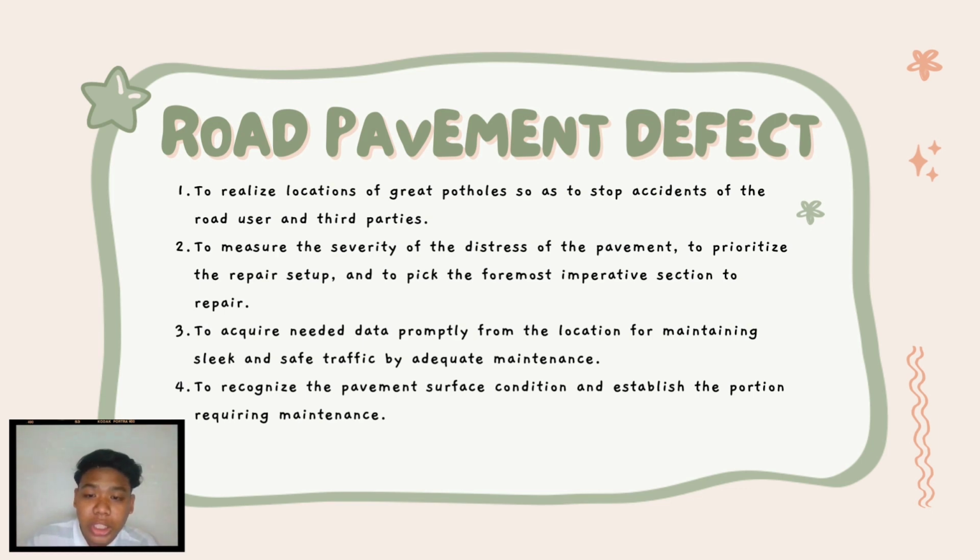And thirdly, to acquire needed data promptly from the location for maintaining safe traffic by adequate maintenance. And lastly, to recognize the pavement surface condition and establish the portion requiring maintenance.